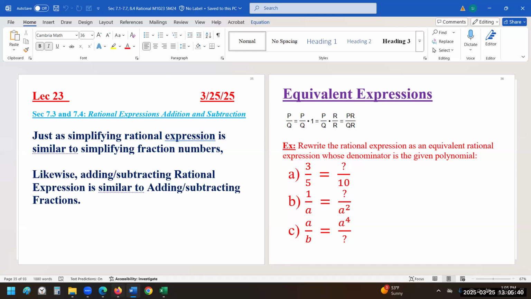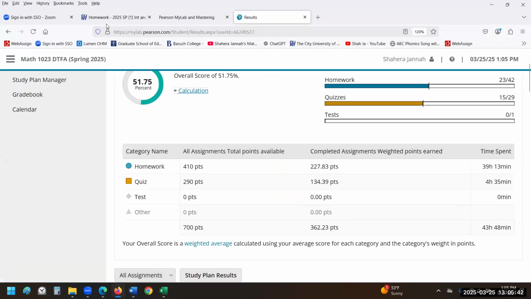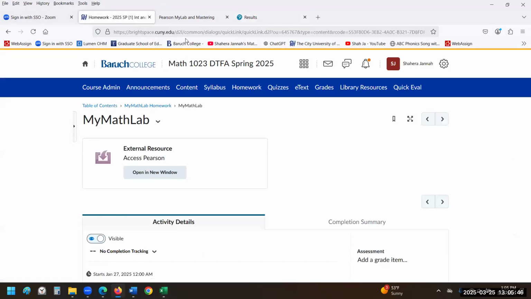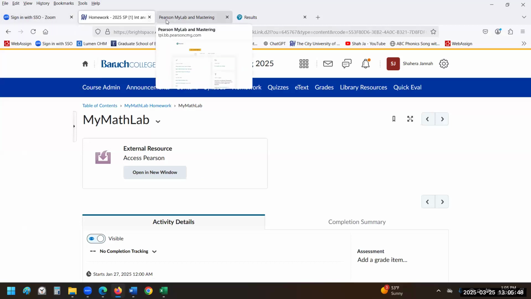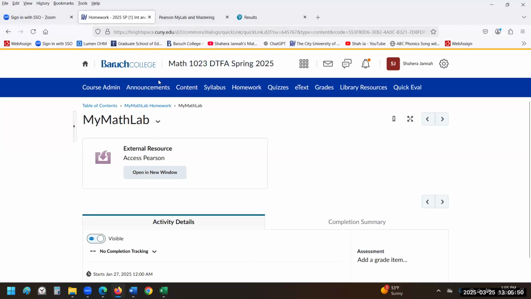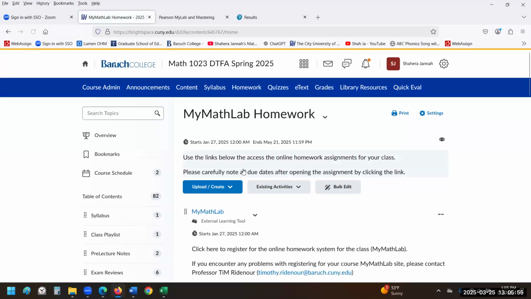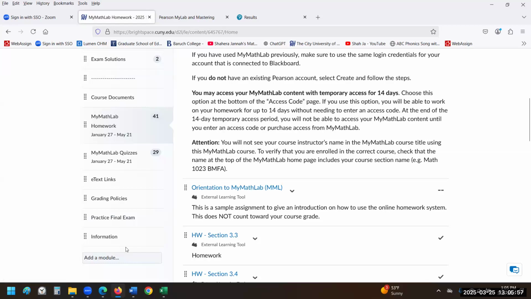Let me actually post it now before I forget. So I'm posting this calculator on my MATLAB, sorry, on Brightspace. Content. Grade calculation calculator.